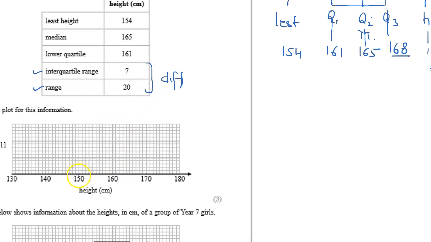So if this is 161, 2, 3, 4, 1, 2, 3, 4, 5, 6, 7, 8, 9, 10. So this is 150. 1, 2, 3, 4.